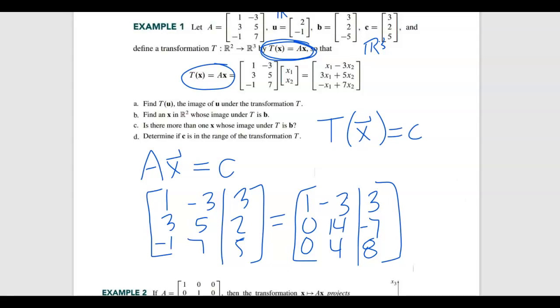Since x is in Rn, then A has to be an m by n, so that way when you take the m by n, you multiply it by the n by 1, your result is then an m by 1.